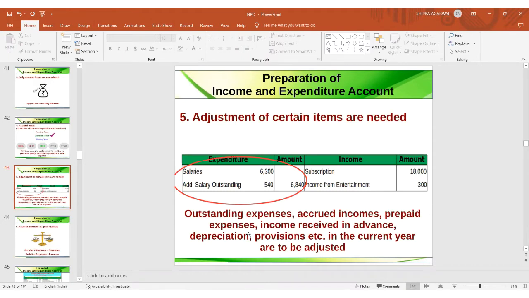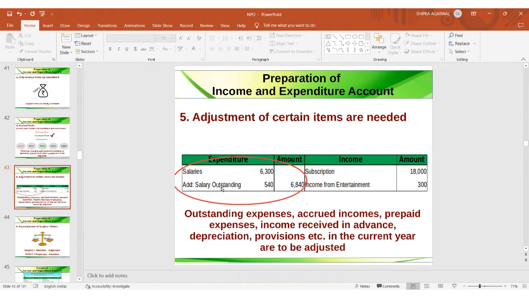And if you have certain adjustments related to certain items, say for example, salaries, right? Some portion of the salaries has been paid and some portion is still outstanding. In that case, it will be shown as salaries plus outstanding salaries. That means whatever salary is due for the current year and you haven't made the payment, that is to be added, because here we are dealing with the accrual basis of accounting.